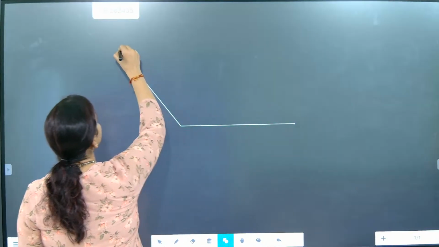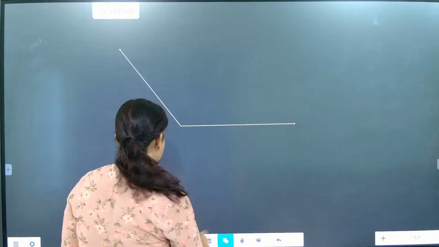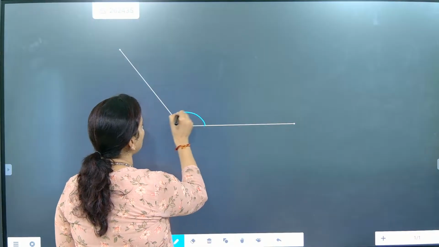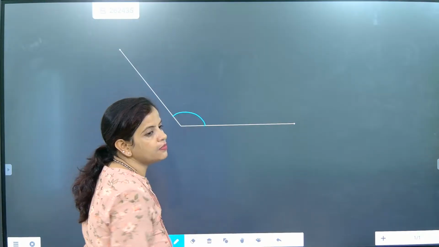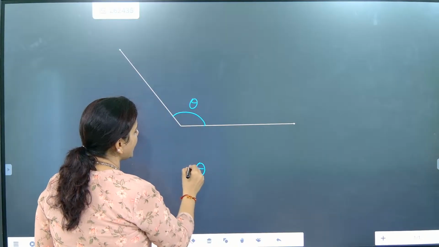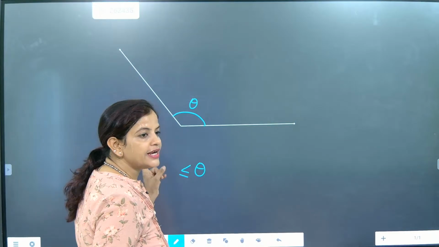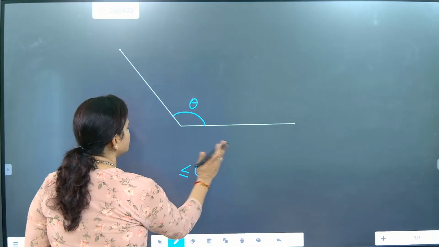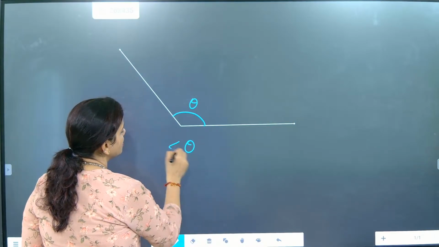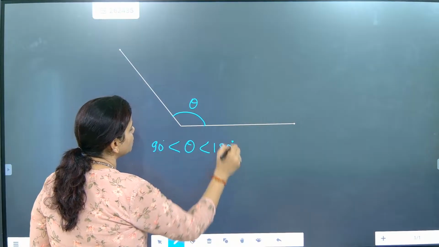So look here, this is exactly an angle more than 90 degrees. Understood? This is an obtuse angle. Whatever angle theta is there, theta is strictly greater than 90 degrees and it will lie between 90 and 180 degrees.